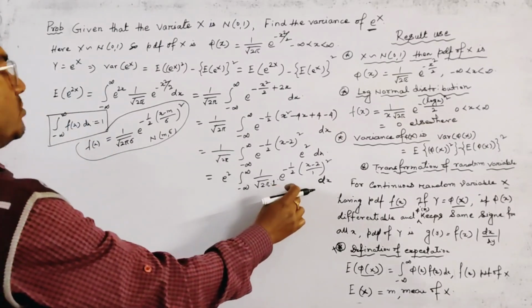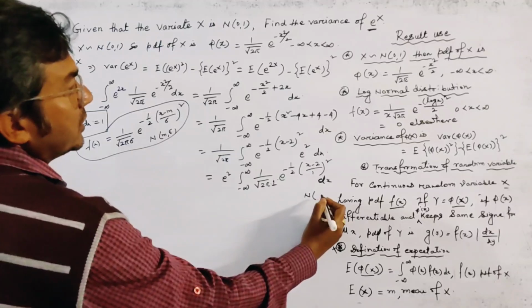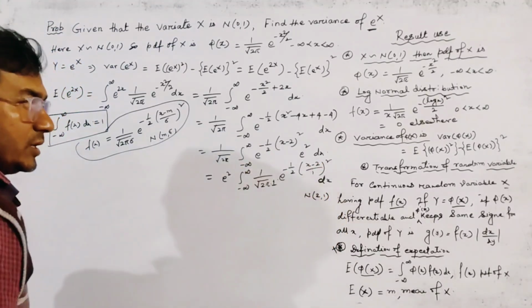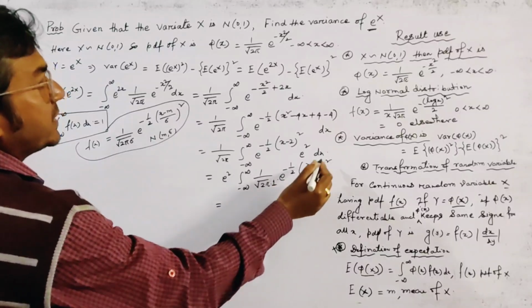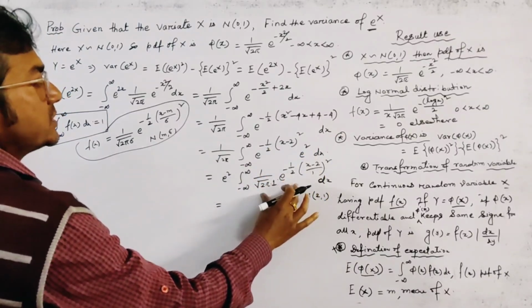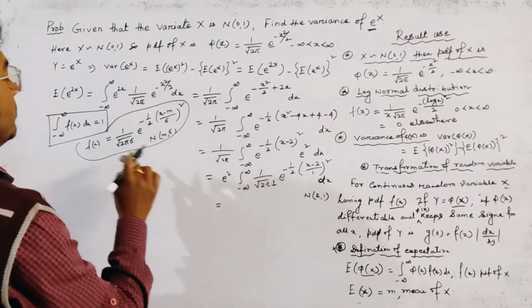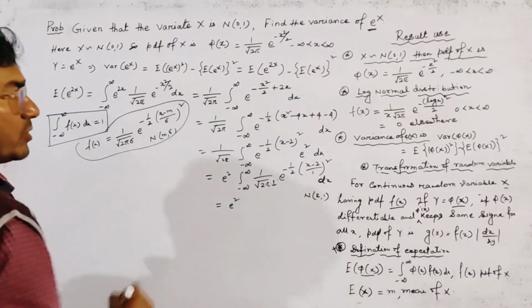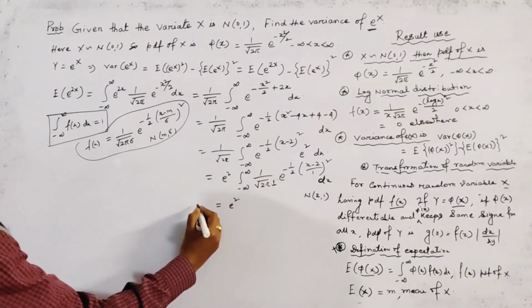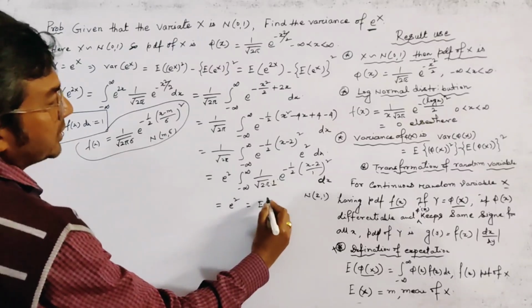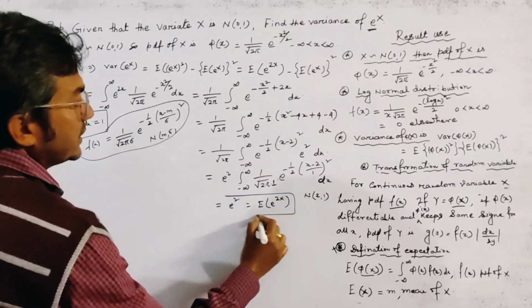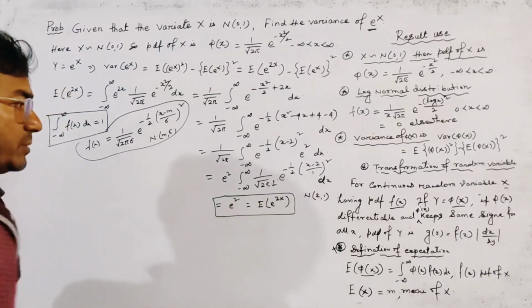So this is normal 2, 1, where 2 is m and 1 is sigma. So the integral value of this term is 1 by using this property of PDF, and we get e square from here. So we find the value of expectation of e to the power 2x is e square.